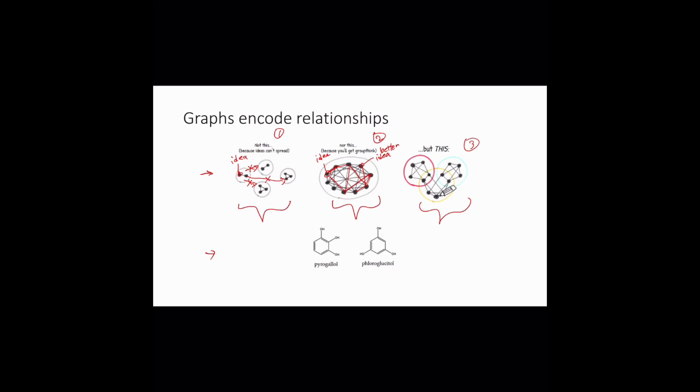In the third case, it's arguably the best balance of the two, because this guy could have a good idea and it'll get passed on, but because there aren't too many edges connecting everyone to everyone else, we won't have that same problem of the same idea circulating too much.